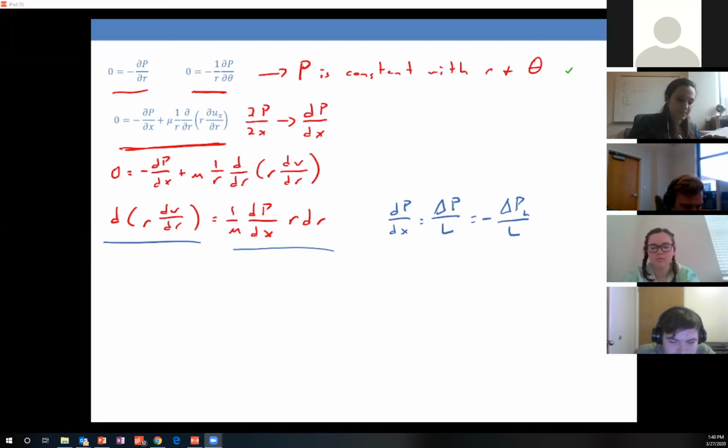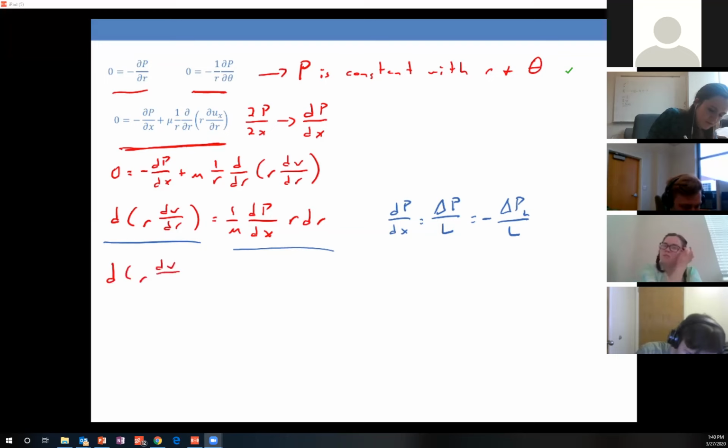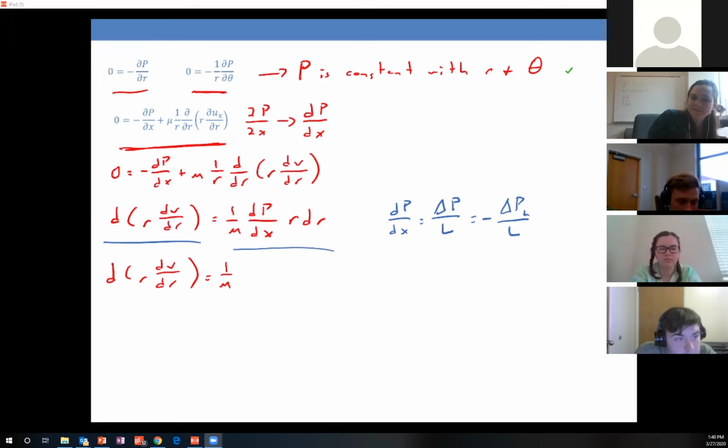In fact, let's do that. Let's just go ahead and do that. Do we want to use delta P over L or negative delta P L over L? Thoughts? Opinions? The non-negative one. Does anyone care? Delta P over L? Yeah.